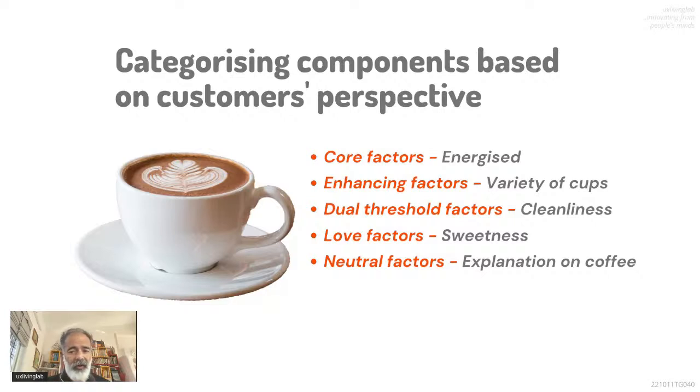This is not an enhancing factor for me, that is a love factor. Like that, explanation about coffee is a core factor. But you have to analyze your product from the customer's point of view. What the customer thinks about, which are the core factors. You may be thinking about one component as a core factor, but the customer may not. That part we have to understand.